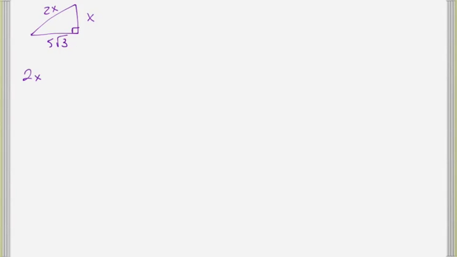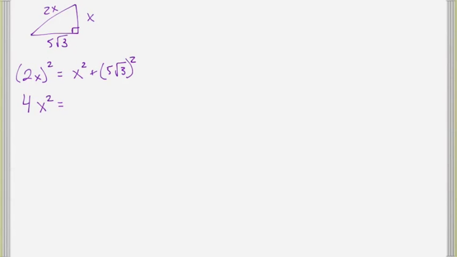So now I have 2x all squared equals x squared and 5 square root of 3 all squared. When a number or a side has more than one part to it, we want to make sure we square that whole thing. So what is 2x all squared? Four x squared. We square the number, 2 squared is 4, and square the x.